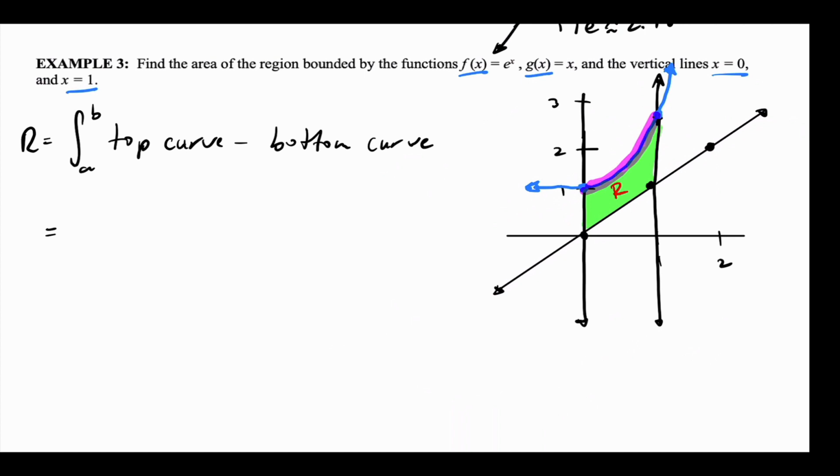It's bounding it in. And then the one on the bottom is x. So the top curve is e to the x, minus the bottom curve, which is just x dx.